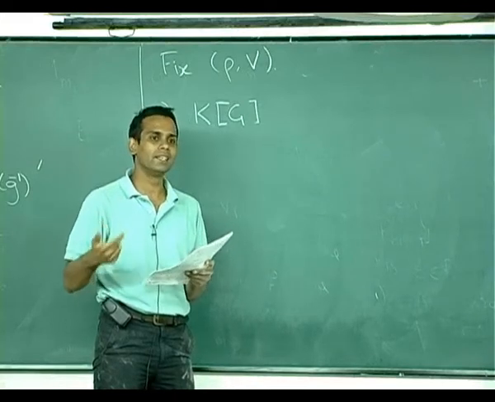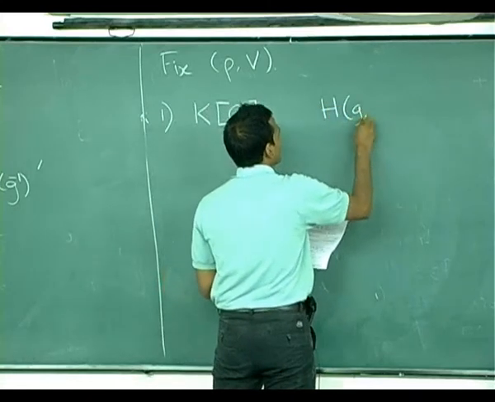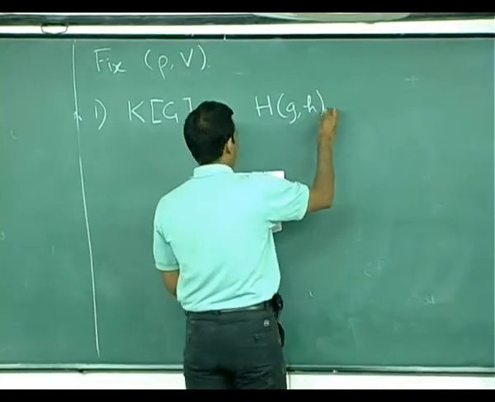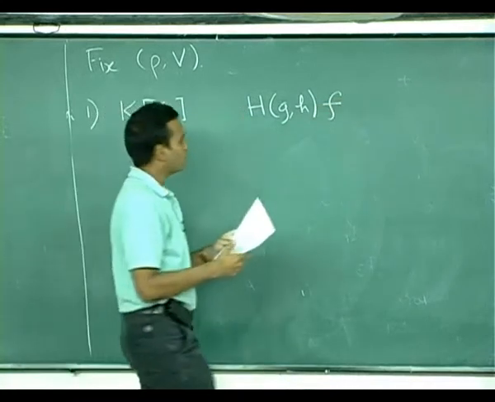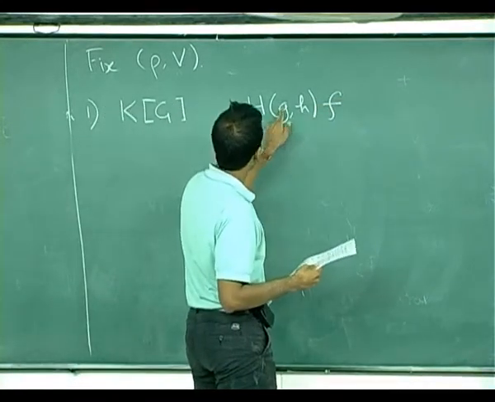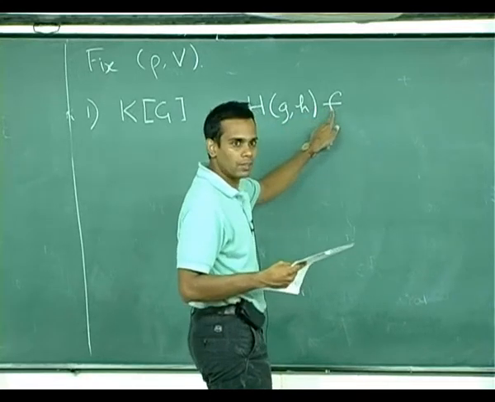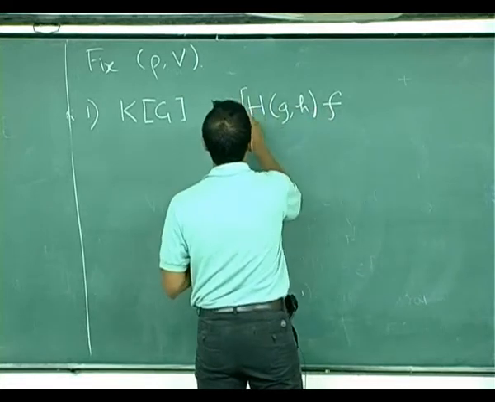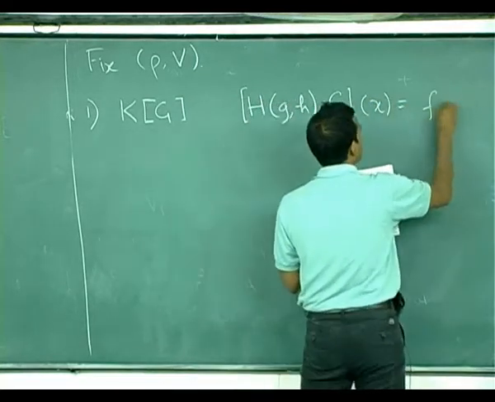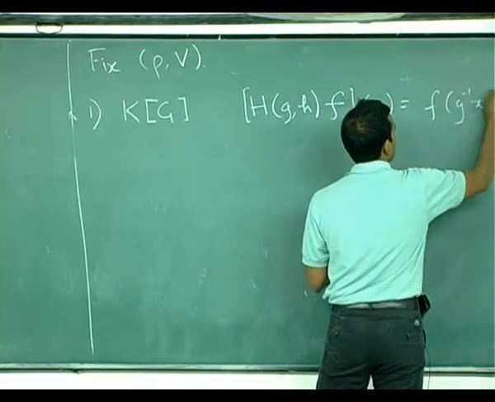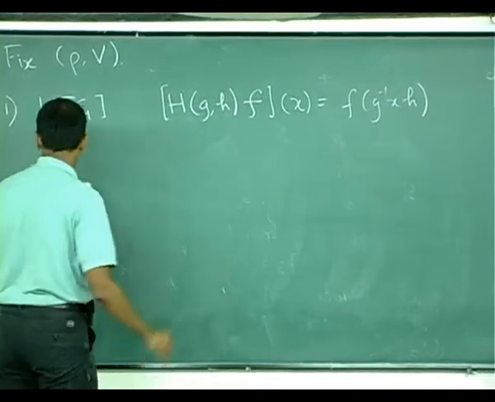So you can really just think of it as a representation of G cross G. Explicitly you write it as, so remember KG, you can just think of it as functions on G. So what happens if I take (g, h) in G cross G and apply it to the function f? So I should get a new function. Let me evaluate that function at a point x, and the answer is f of g inverse x h. You can just check that this is a representation of G cross G.